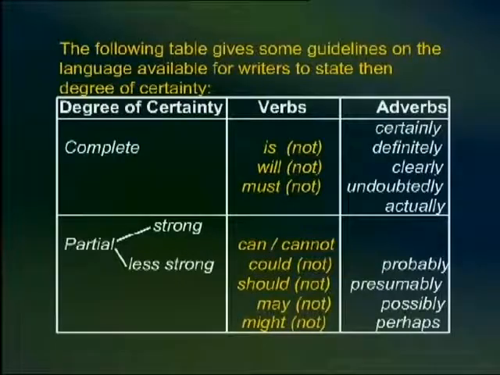When you are 100% sure, completely, right? The verb that you can use is not. If it is, it isn't. You are 100% sure. When you are again 100% sure, you can say will. This will happen. This must happen.